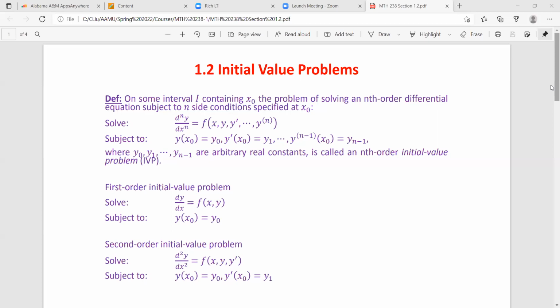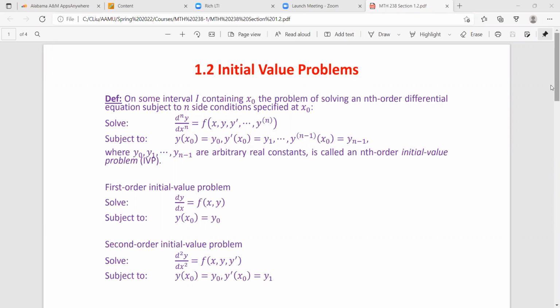But you do need to specify a point inside the region. We call it x0. You give all the conditions initially at that point, in addition to the differential equation. So we're talking about the nth order differential equation.